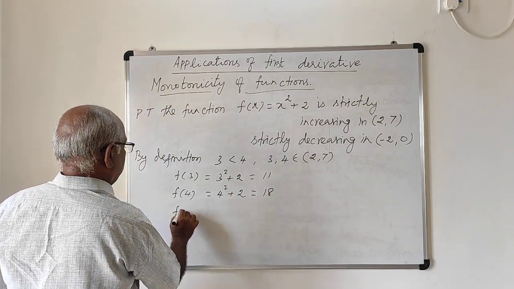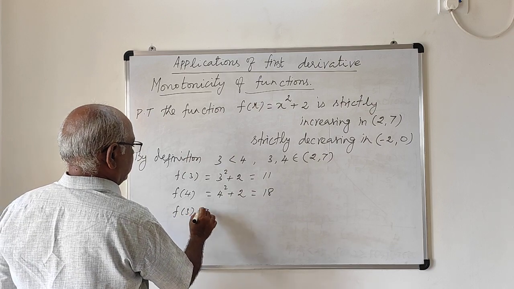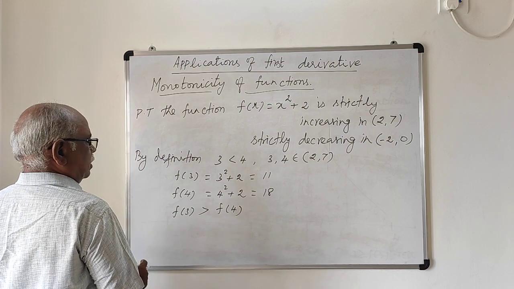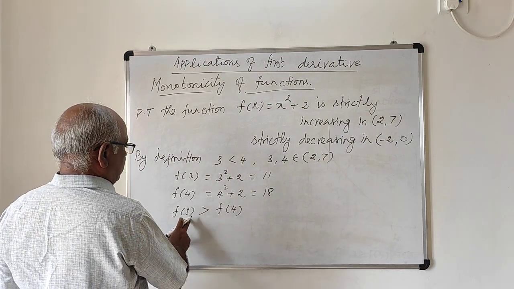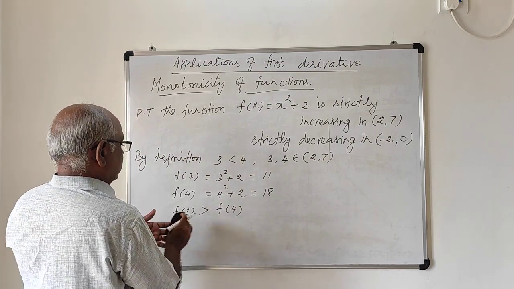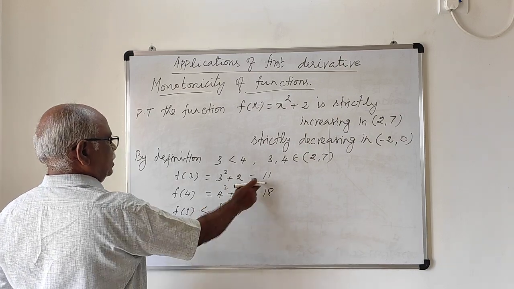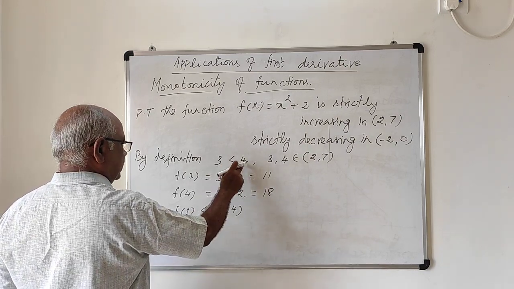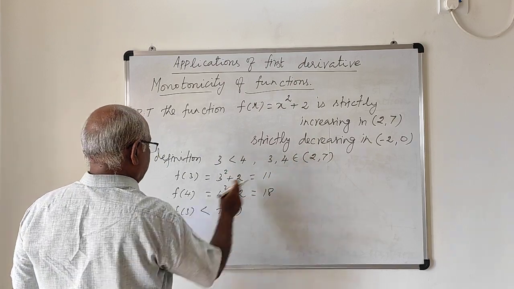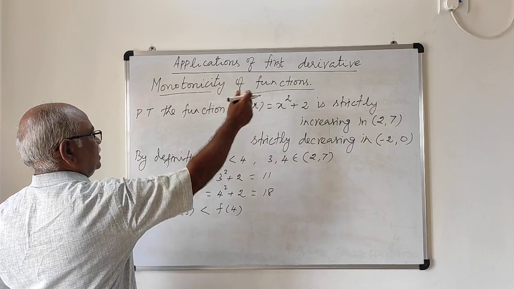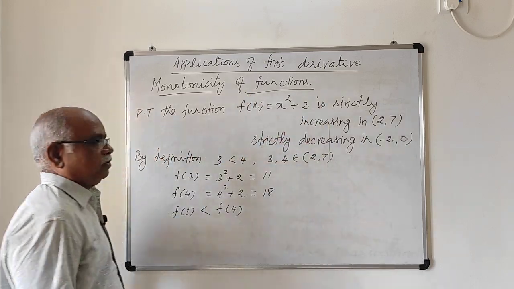So f of 3 is strictly less than f of 4. For 3 less than 4 in the interval 2, 7, I find f of 3 less than f of 4. Therefore, by definition, f of x is strictly increasing in the interval 2, 7.